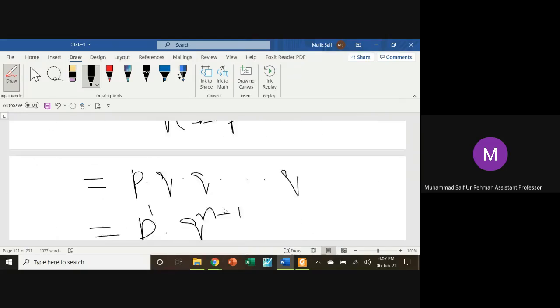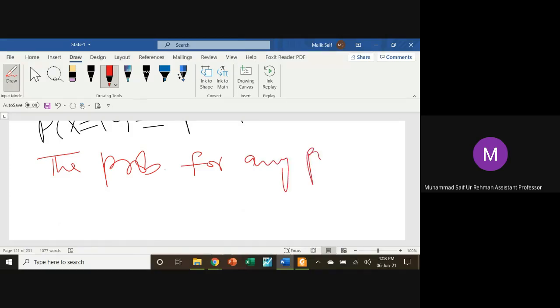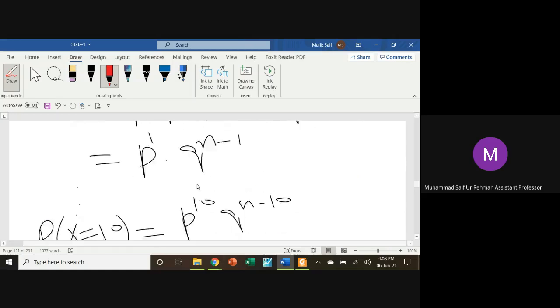So now you will write down one or two sentences over here. The probability for any possible sequence, because these are the series.